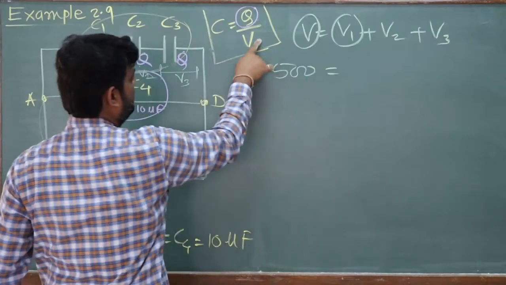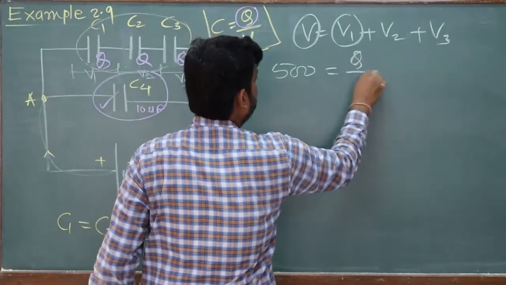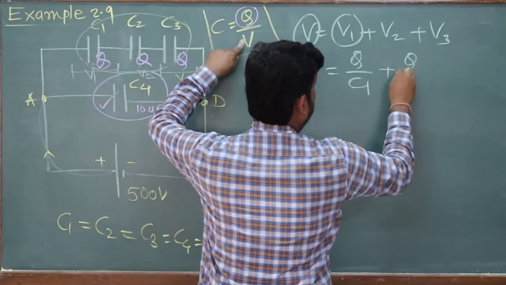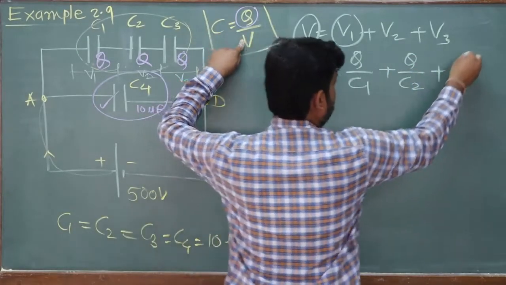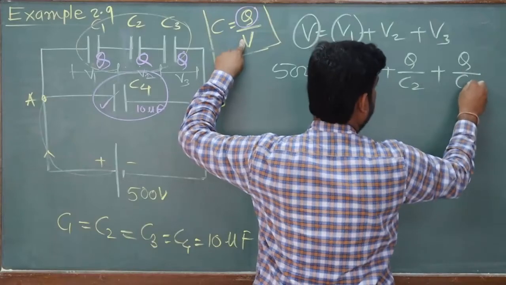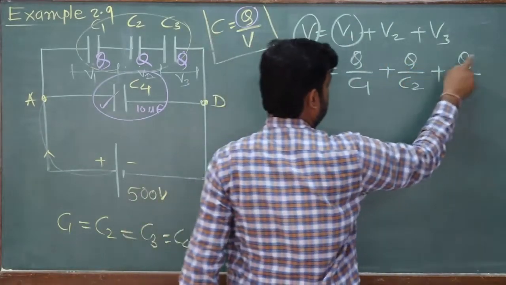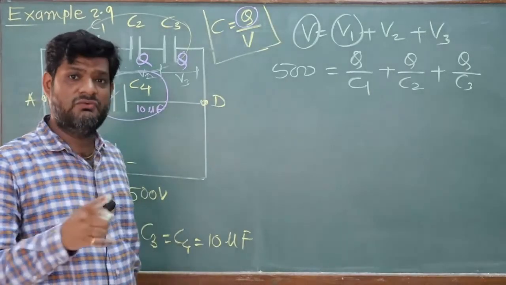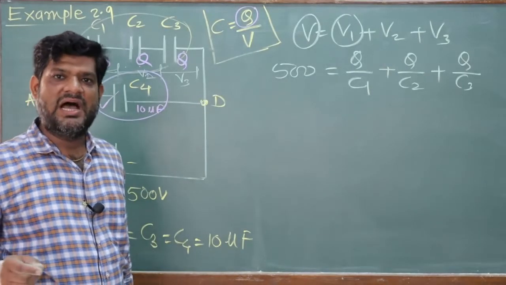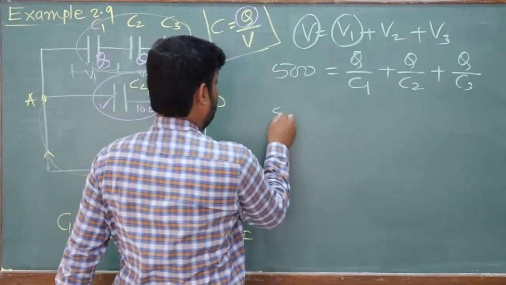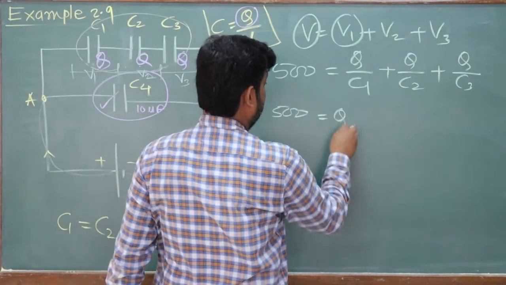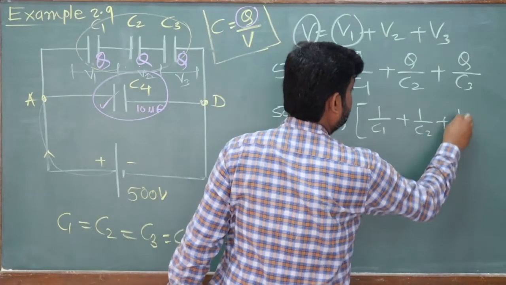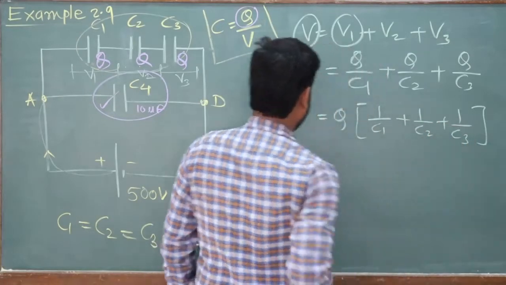So write 500 over here. What is V1? With the help of Q, V1 is Q by C1. What is V2? Again we can write Q by C2. What is V3? Q by C3. The charge on all capacitors will be the same because C1, C2, C3 are in series. So 500 remains as it is, Q taken outside, 1 by C1, 1 by C2, 1 by C3.